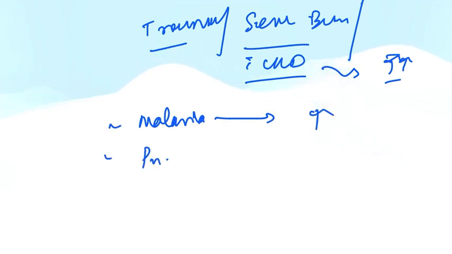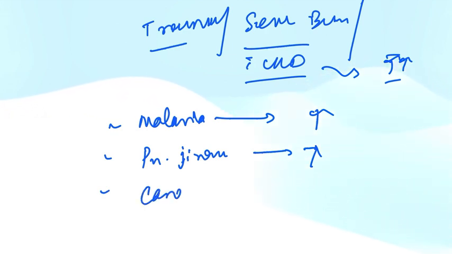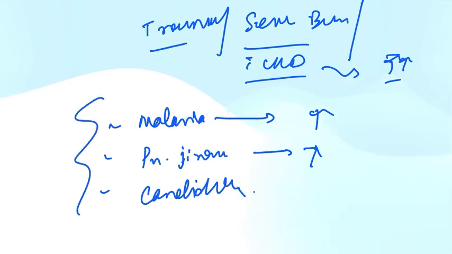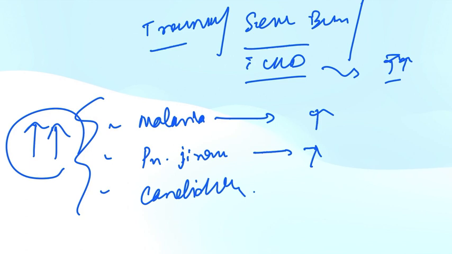Pneumocystis jirovecii infection, baseline value of procalcitonin will be higher. And also the same scenario goes with candidiasis. So in these three conditions which are non-bacterial, you can find baseline procalcitonin value in a higher range. These three can be asked in MCQs, right?